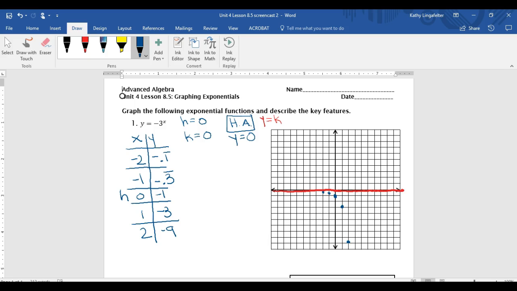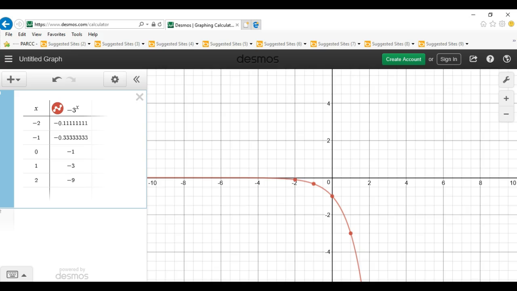So as the ordered pairs are moving off to the left, they're getting closer and closer to the asymptote. Now to draw this, I'm going to hug the bottom of the asymptote. Again, I don't draw so great on the Word document, and then it shoots on down. So that's what my graph looks like, and it's what we saw on Desmos.